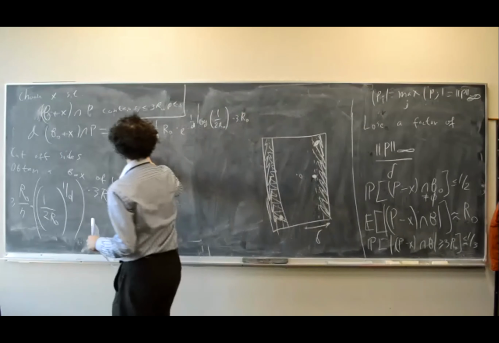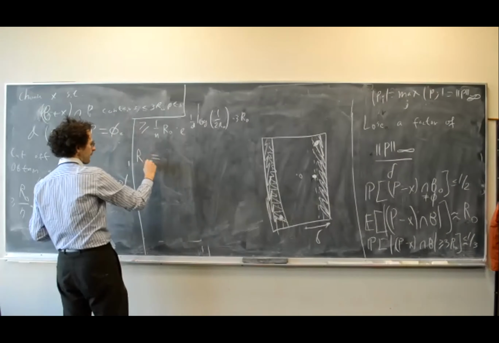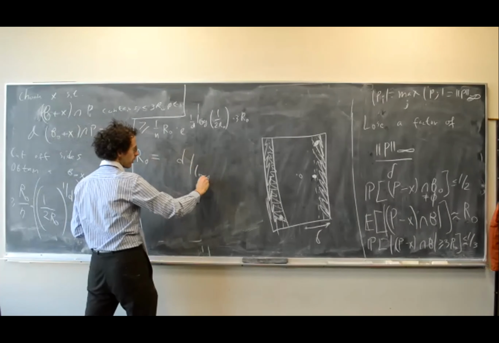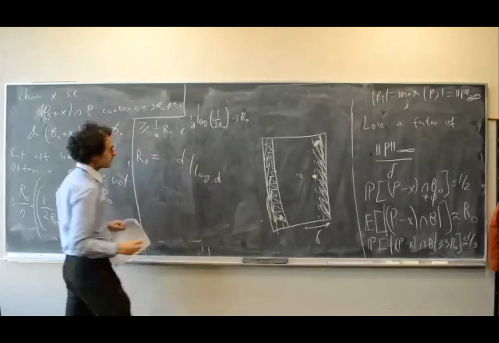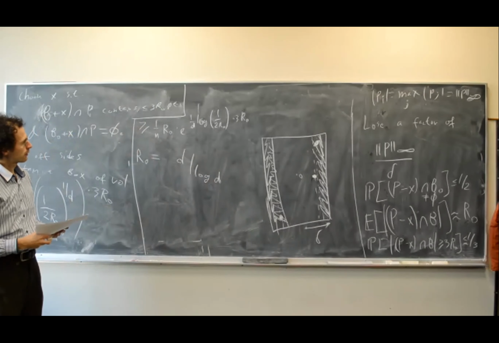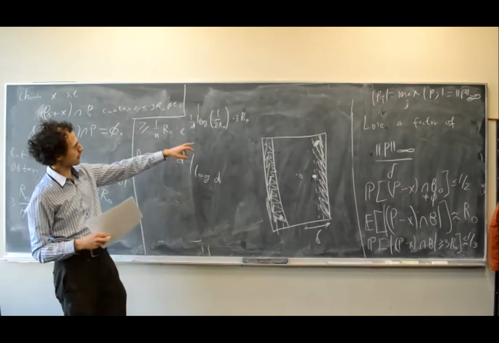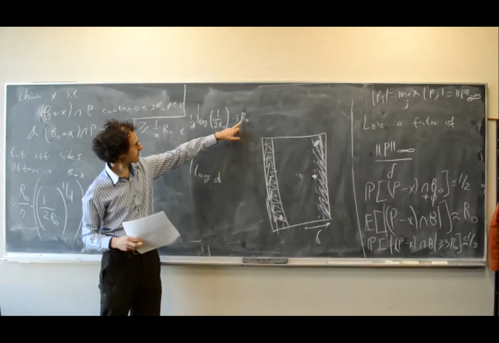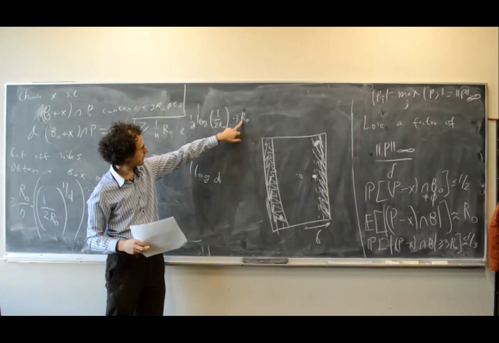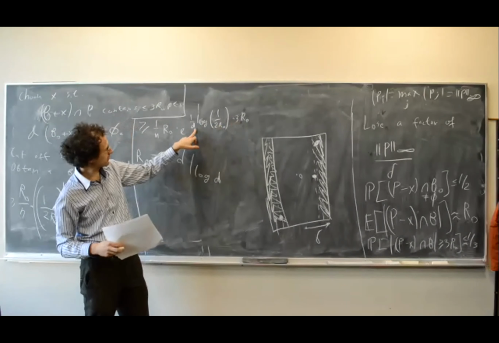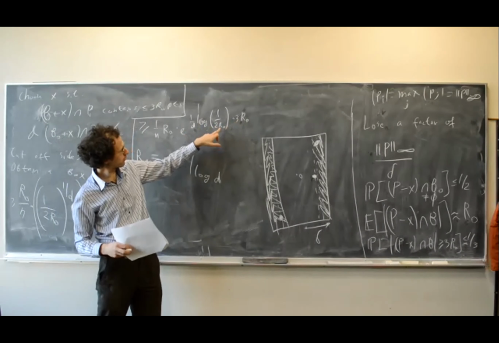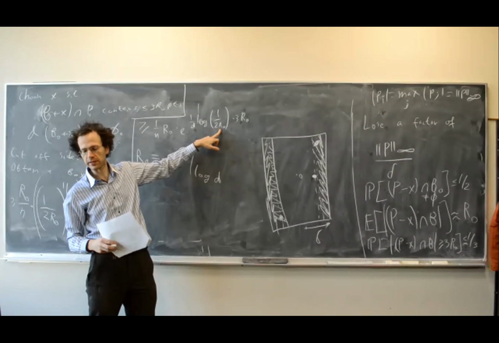Now I'm going to choose my R naught to be d over log d. So what happens here? This d will cancel this d, so we'll get a 1 over log, and this is logarithmic in d.